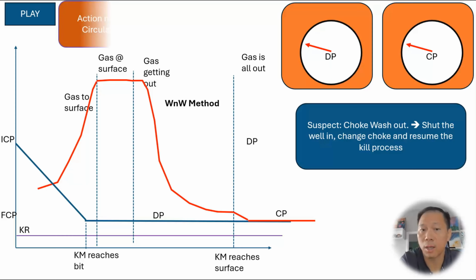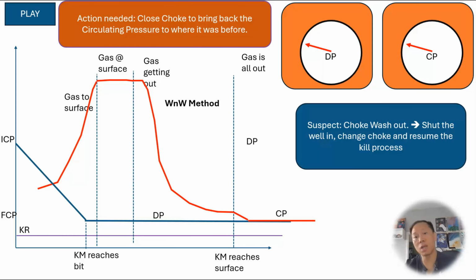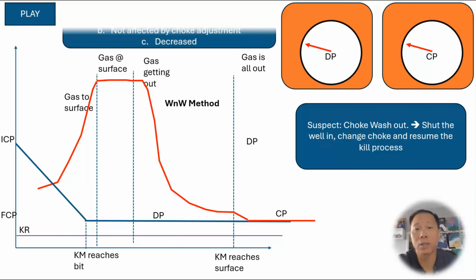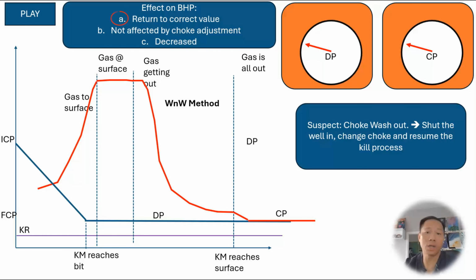So in this method, if you see both the casing pressure gauge and drill pipe pressure gauge slowly dropping, you close the choke in. What you do is you return the bottom pressure back to the correct value. Or the worst thing is you add a little bit more pressure into the well, which is good. You maintain the overbalanced state in the well. It looks complicated. It sounds a little bit complex.